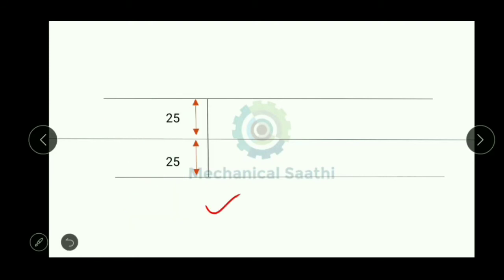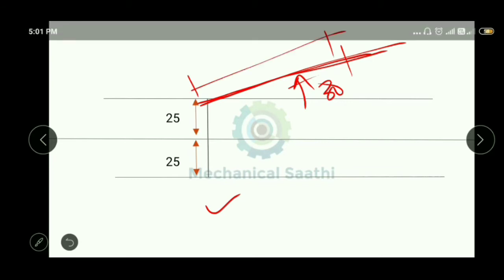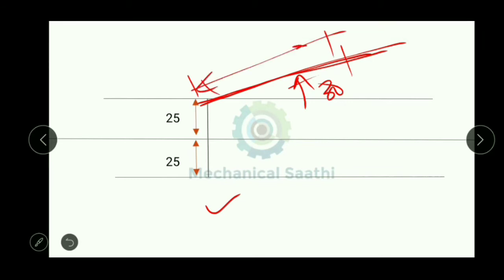After this, theta is given, so the true length is inclined at 30 degrees. By taking 30 degrees as the angle, I can draw a straight line over here. Then the true length is given as 70 mm, so I can mark 70 mm and mark this line.